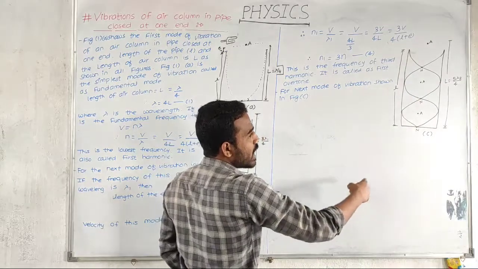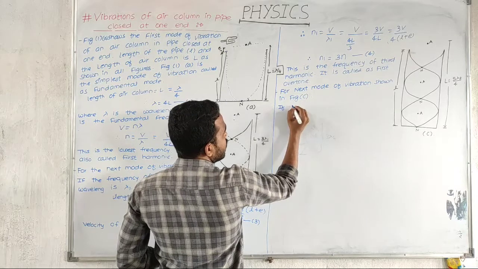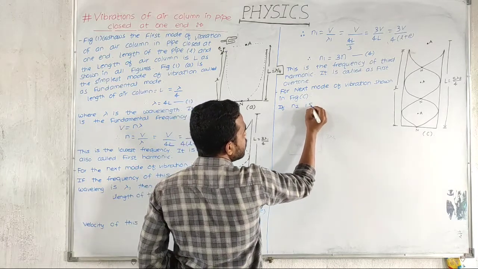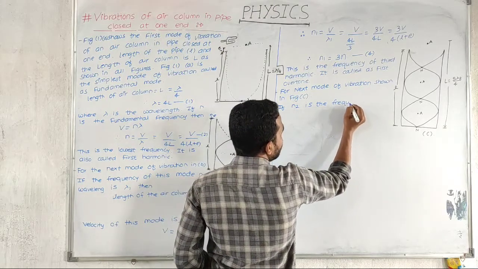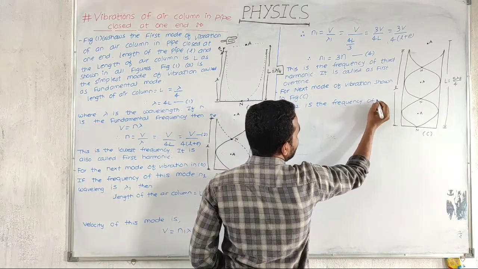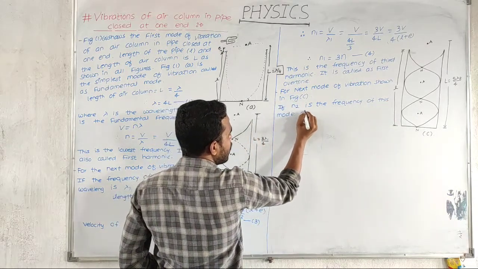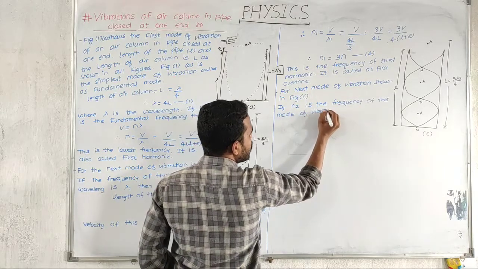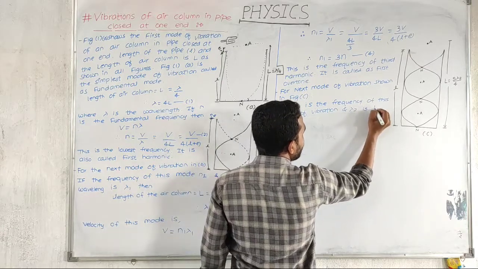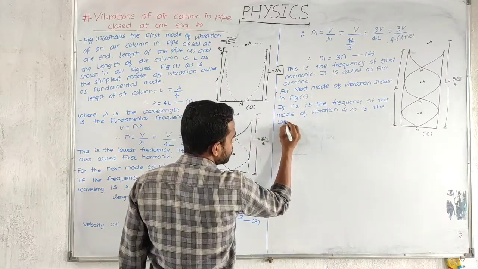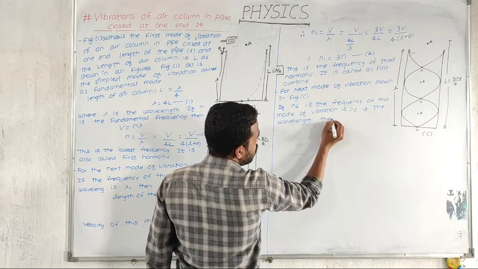If N2 is the frequency of this mode of vibration and lambda 2 is the wavelength, then what is the length of the air column?